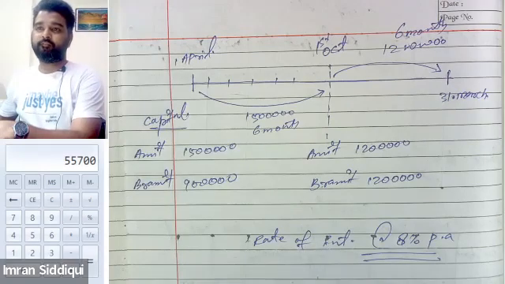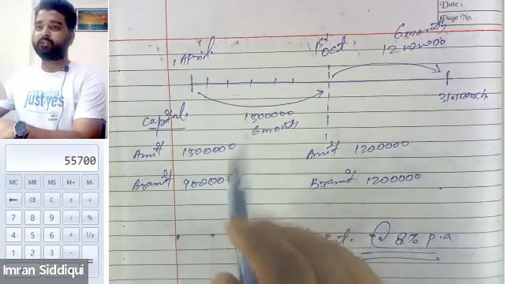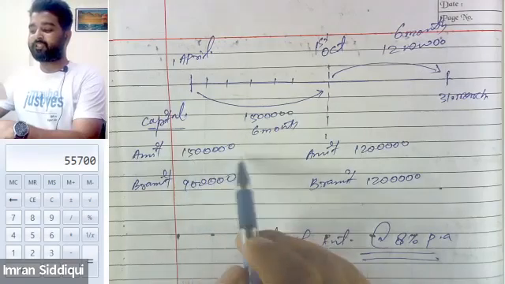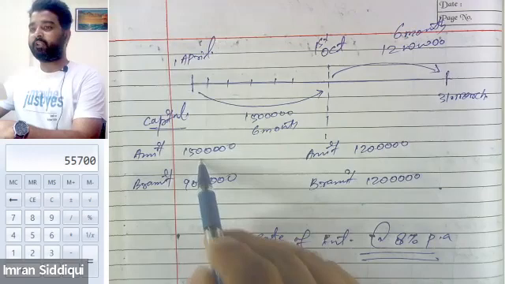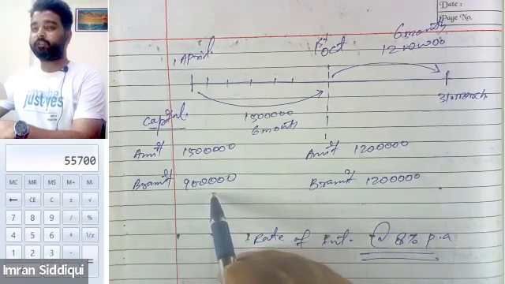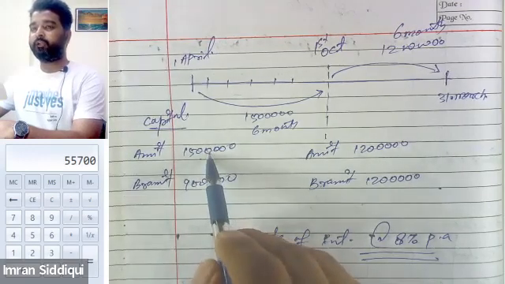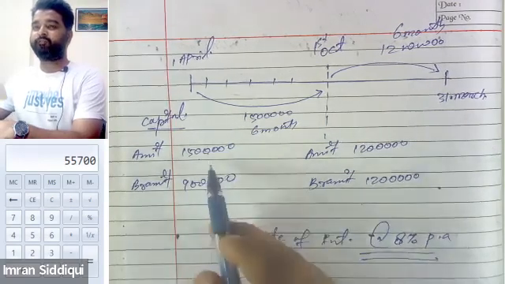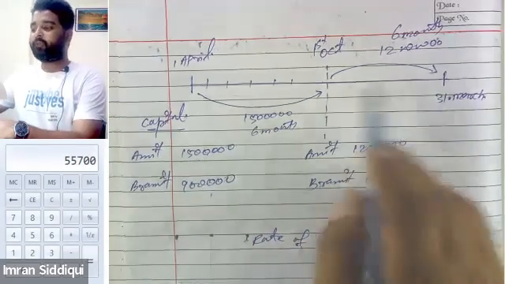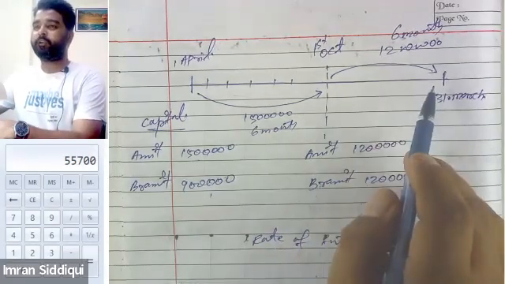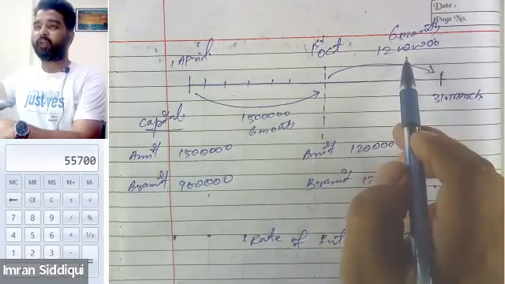So it is given in the question that for the initial 6-month period, Amit and Brahmit both maintained 15 lakh and 9 lakh of capital. That means Amit will be paid interest on capital at the rate of 8% on 15 lakh for the first 6-month period. And for the remaining 6-month period, he maintained 12 lakh as balance of capital.